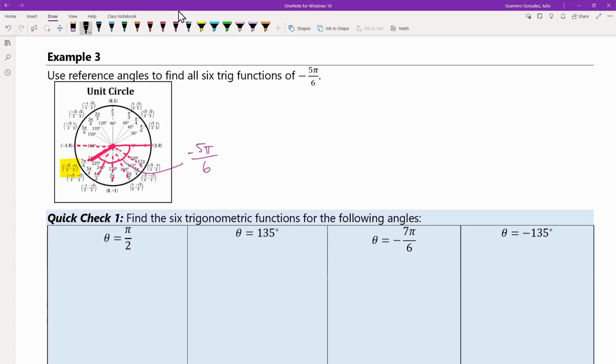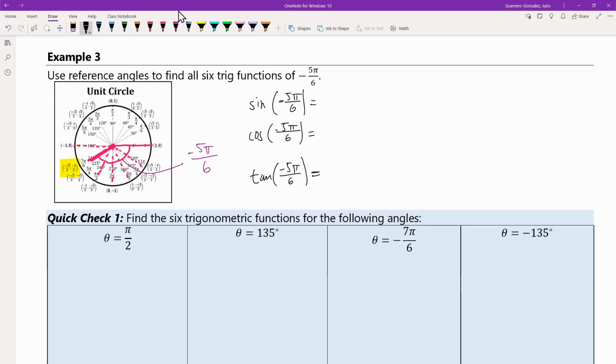So if I want to find all 6, I'm going to do sine of minus 5 pi over 6, cosine of minus 5 pi over 6. Let me do the first 3. And tangent of minus 5 pi over 6. We are going to use that highlighted yellow point. And we're off to the races.